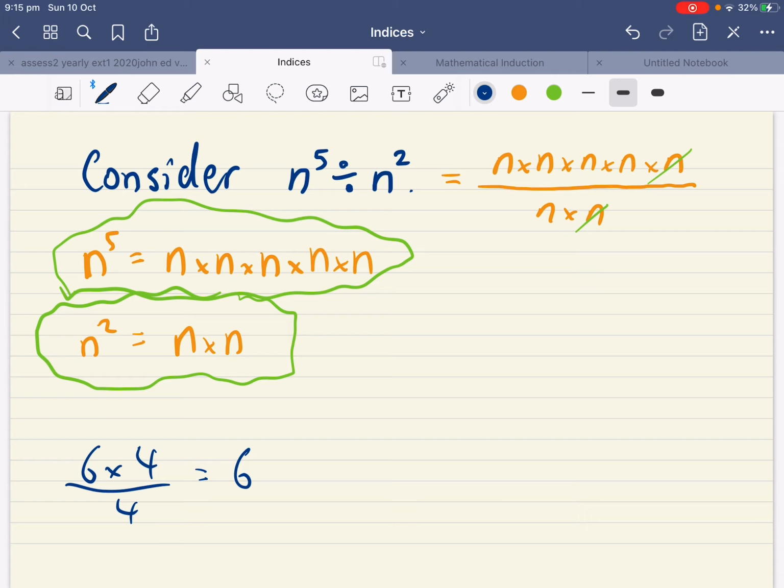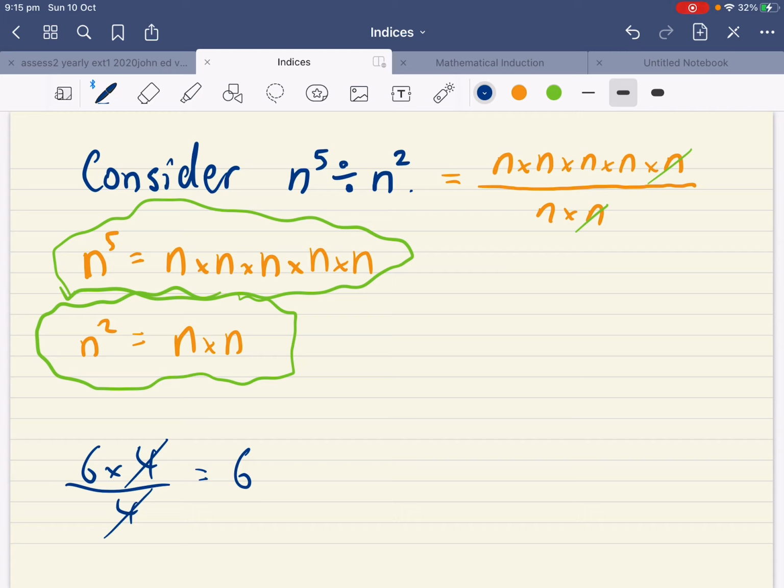Ultimately, what happens was those 4s, they undo each other. It's like one of them does something and then the other one just undoes what the first one did. In mathematics, we call that, they cancel each other out. So ultimately having the same number, and of course it only works if it's the same number on the top and the bottom, they cancel each other out and you're just left with, in this case, the 6.